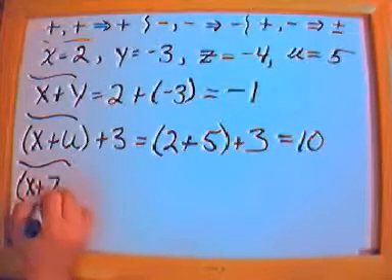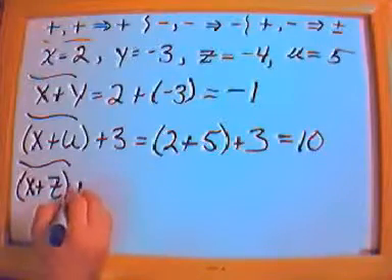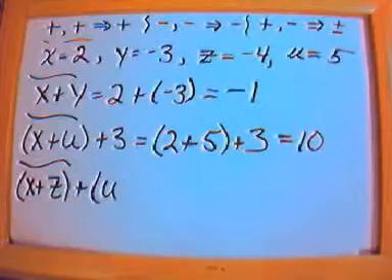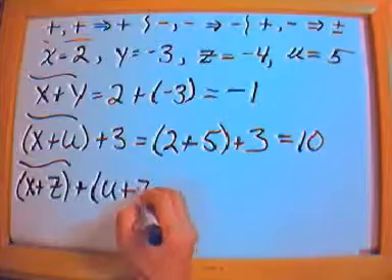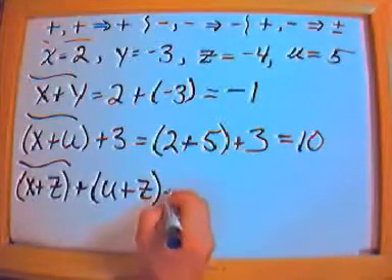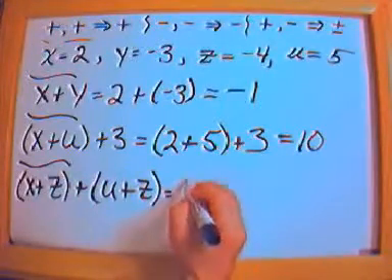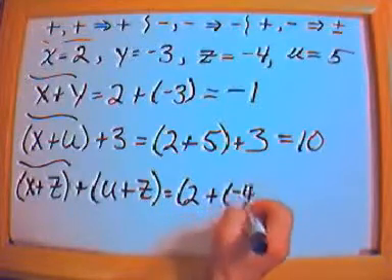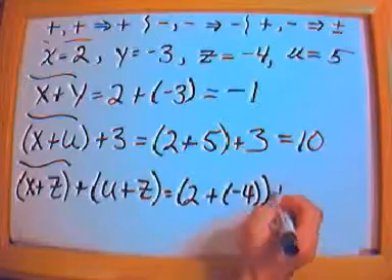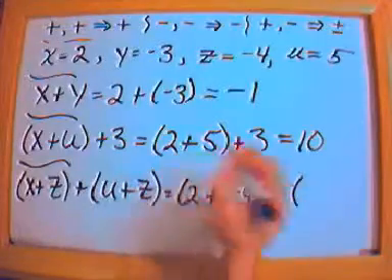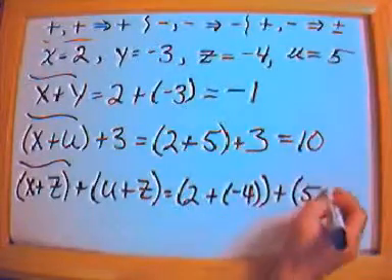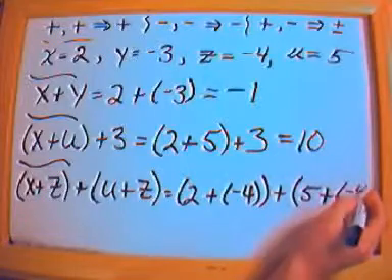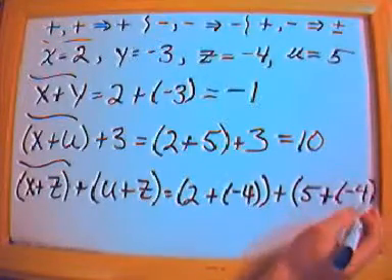x plus z plus u plus z equals x is 2 plus negative 4 plus u is 5 plus negative 4 for z, like that.